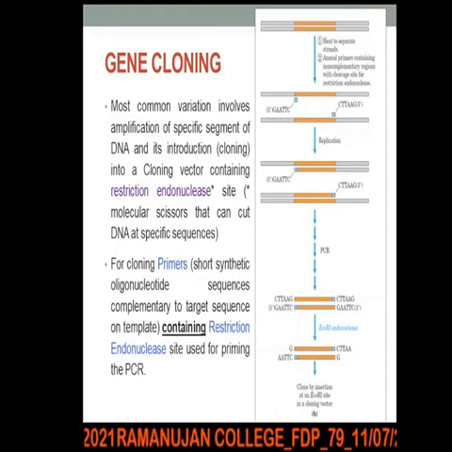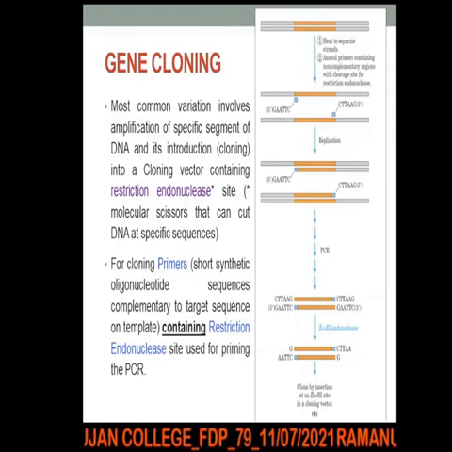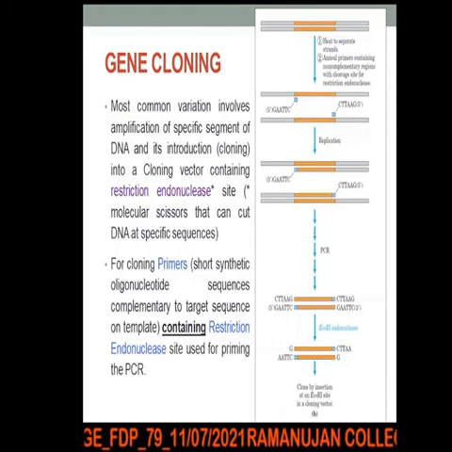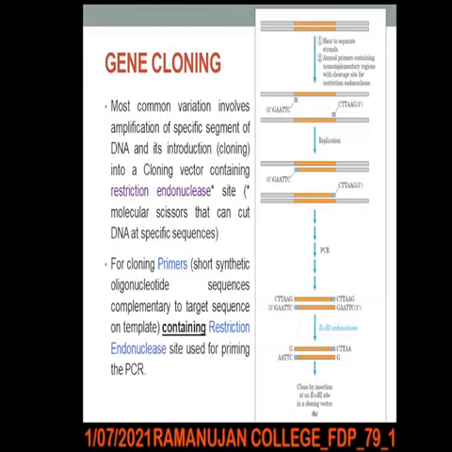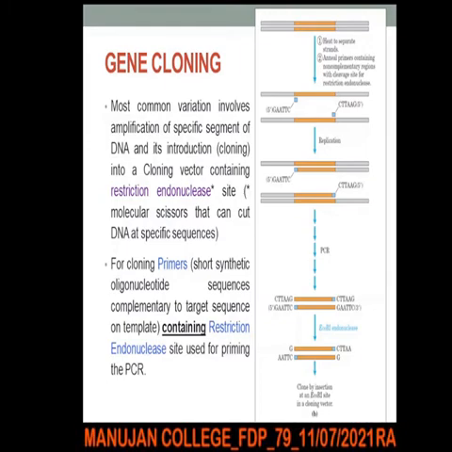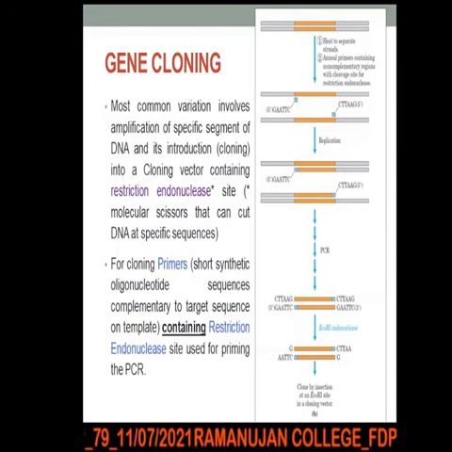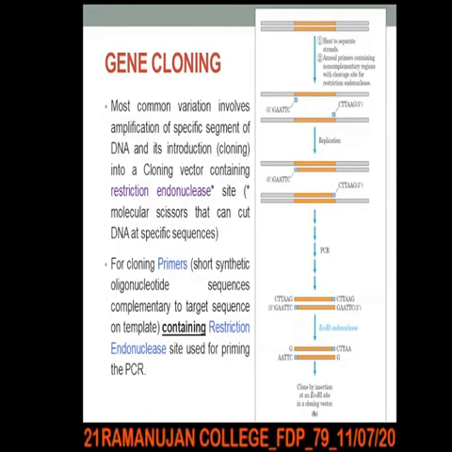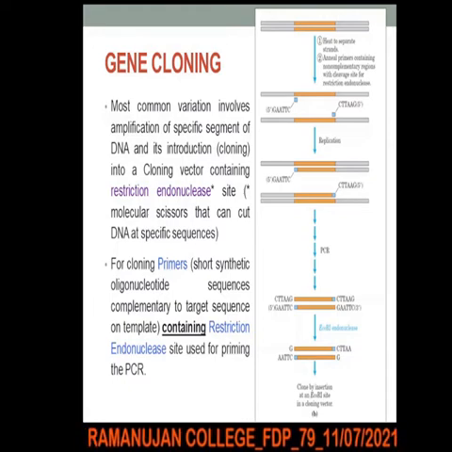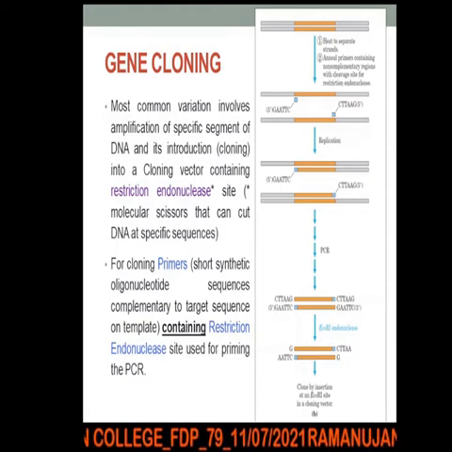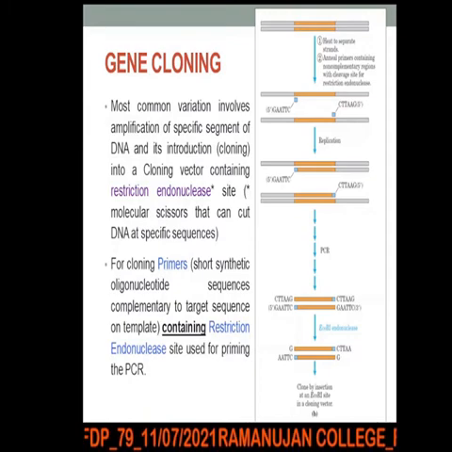After you have digested your amplified DNA with EcoR1, you add it to the EcoR1 digested cloning vector, and then add a DNA ligase enzyme. That enzyme seals the nicks. You now have your gene cloned in a cloning vector.